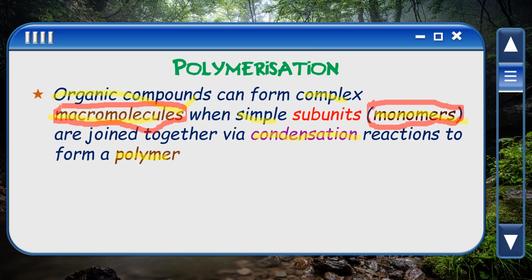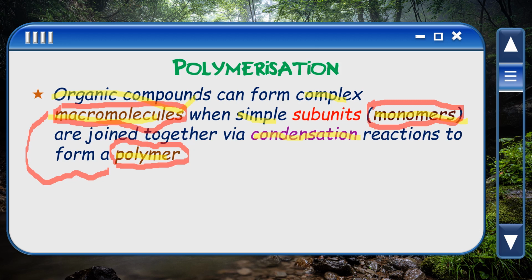So when we get a monomer and combine it with a monomer, we get what we call a polymer. A polymer is a macromolecule which is coming from joining a monomer and a monomer.